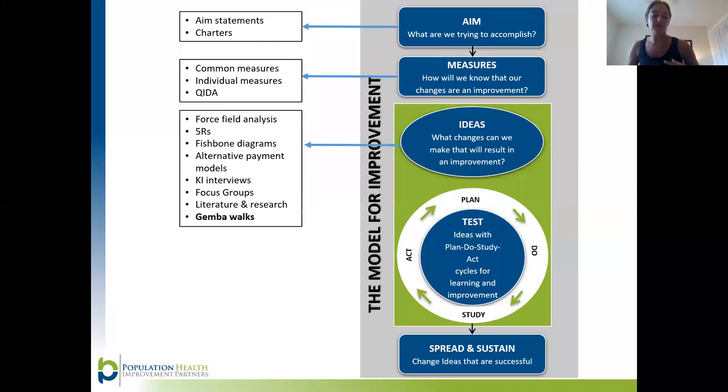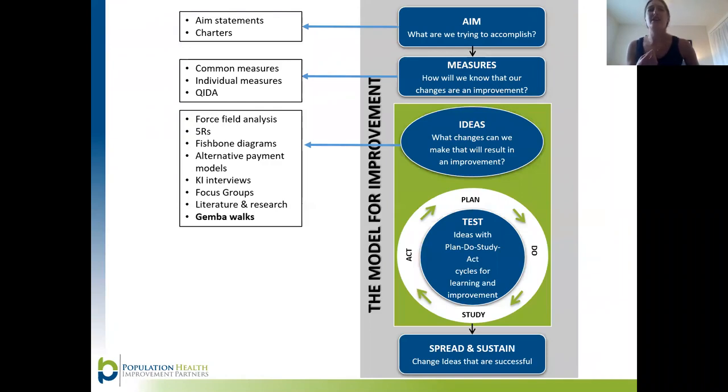And then most of our teams are currently operating in this ideas bubble as you guys try to figure out what changes you can make that will result in an improvement and have a positive impact on your AIM. And you guys have been doing this in a lot of different ways. So I know at the on-site, we did the force field analysis, the 5 R's. I know a few of you have really used that fishbone diagram to gather input from your different stakeholders. You've been looking at information around those alternative payment models.